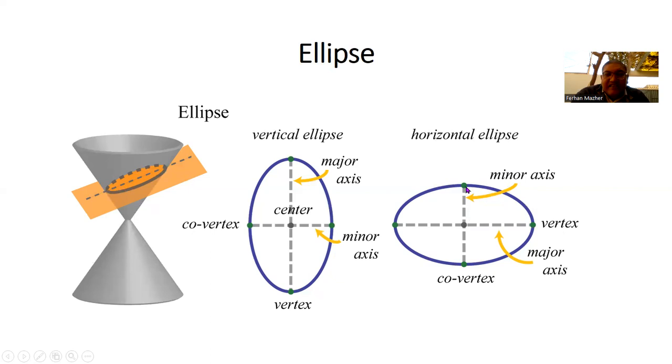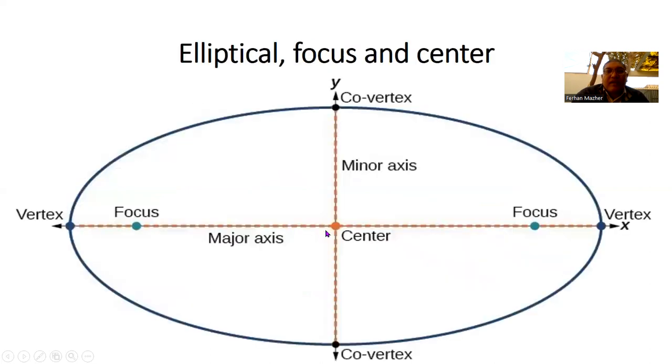These points are called the vertices of the ellipse, or you can say vertex. And this is called the co-vertex. So this is basically the shape.